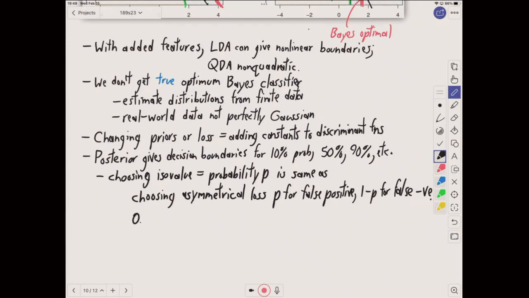Or another way to interpret choosing the ISO value to be p instead of 0.5 is that it's equivalent to what we would have gotten if we chose the prior for class C to be 1 minus p and the prior for class D to be p.